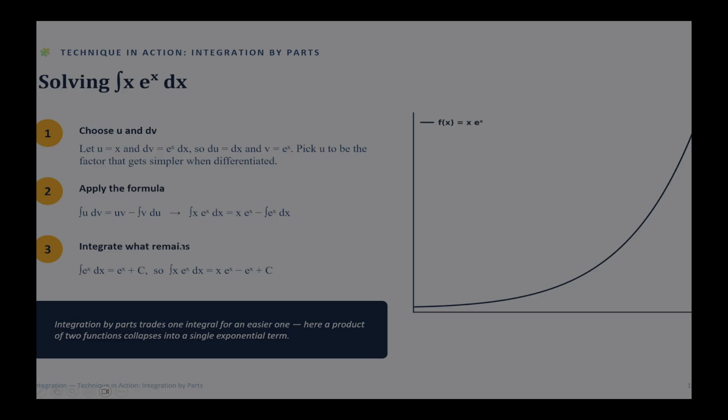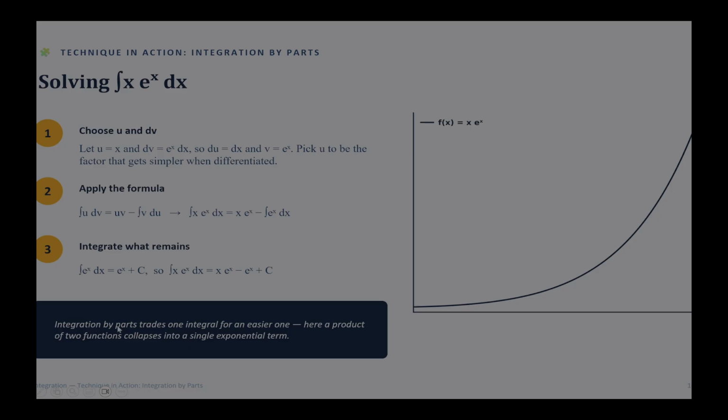Now from here we fix the remainder, the integral of e^x dx. Look at this one here. That means we rewrite it: integrating e^x gives e^x plus C. So the answer will be e^x times x minus e^x plus C, that is e^x(x − 1) + C. From this step to this step, you can see it very clearly.